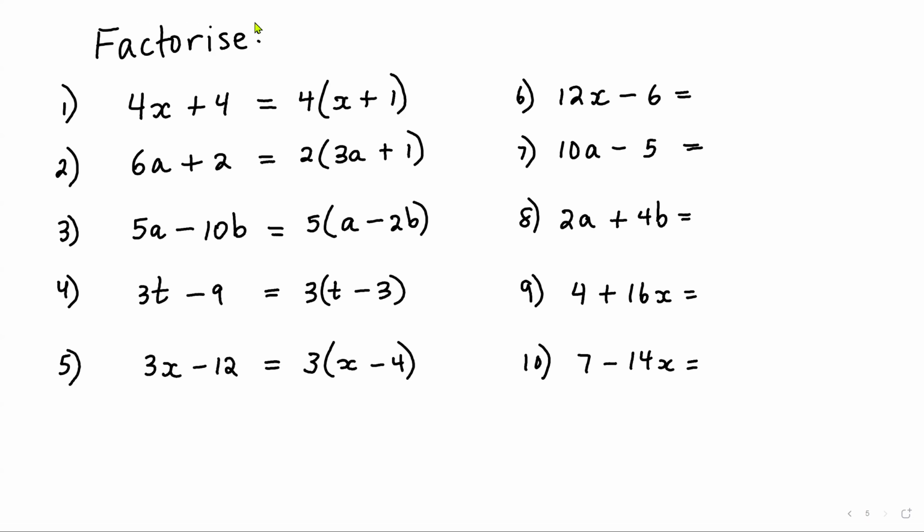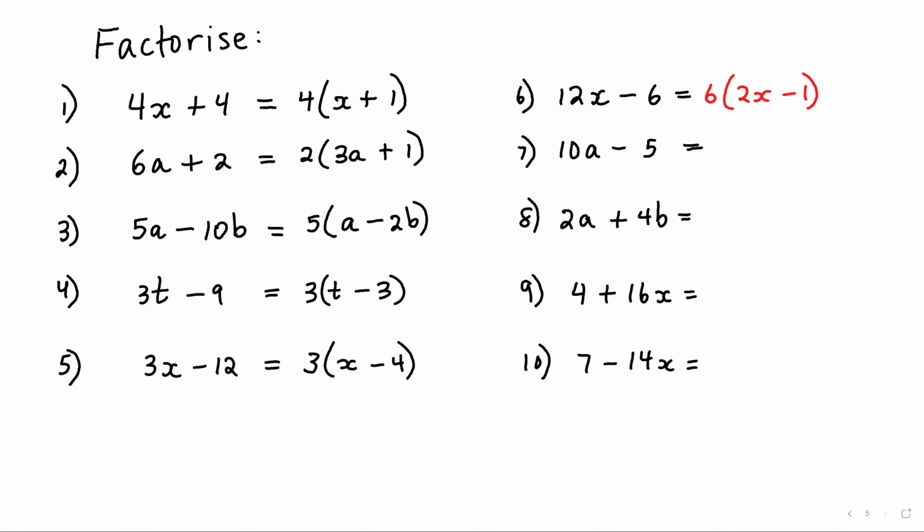Okay, I'm going to do it, guys. So here, the first one that you had to do, number 6, you have 12x and 6. The common factor between 12x and 6 is 6, because 6 could go into 12x 2x times, and 6 could go into minus 6 minus 1, right?